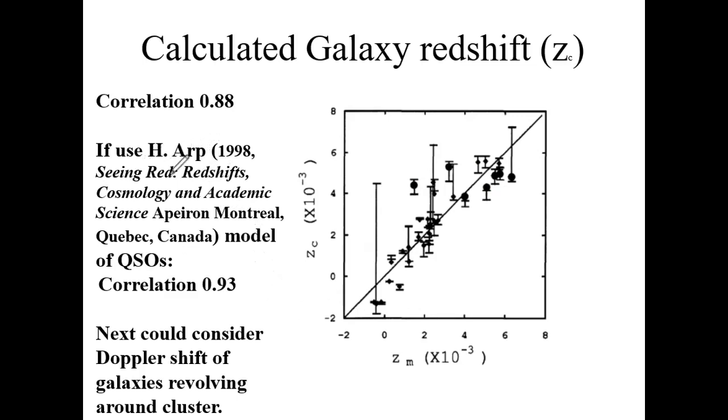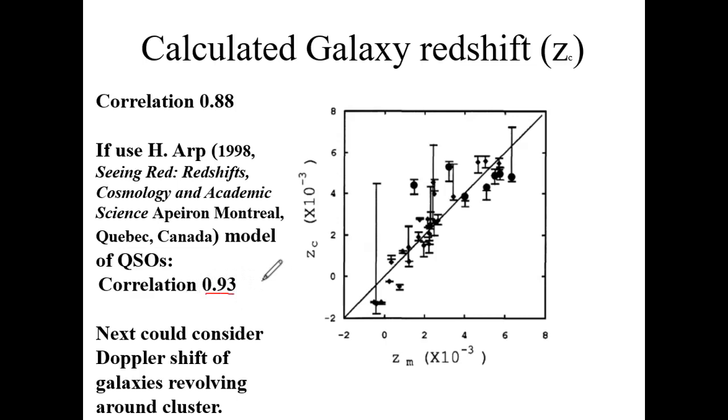And if you take the QSOs exactly as Arp says they are in his book, that is to say they are much closer to us than the regular Z value would indicate, and that they are emitted from source galaxies, that is to say we take the distance to be the source galaxy redshift rather than the QSO redshift, we end up with a correlation coefficient of 0.93.